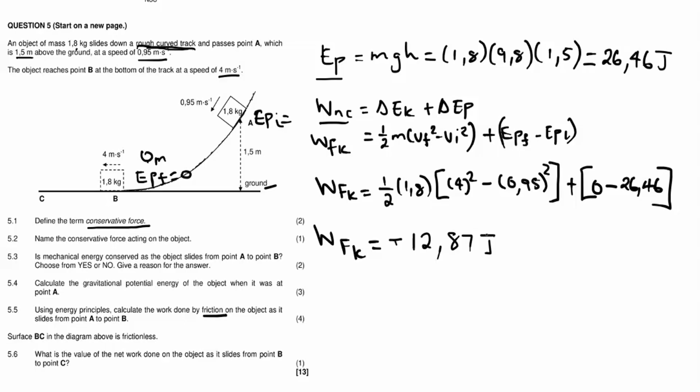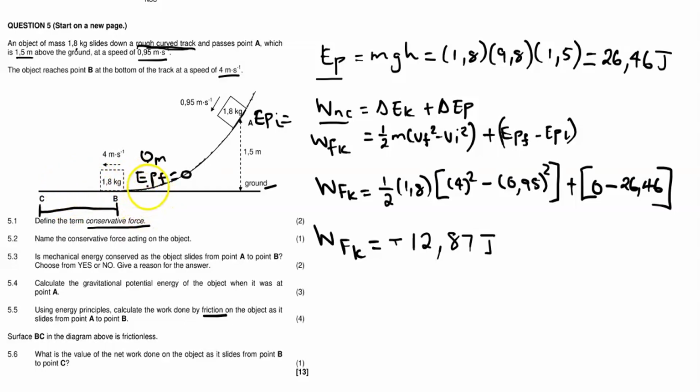And then we go to 5.6. Surface BC in the diagram above is frictionless. There's no friction when it moves from here all the way to there. If we've got no friction, we also do not have any applied force, and we also do not have any FG parallel.